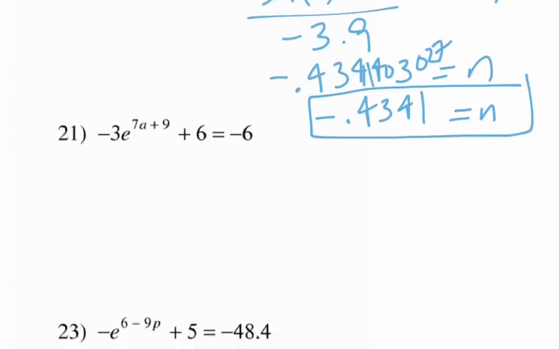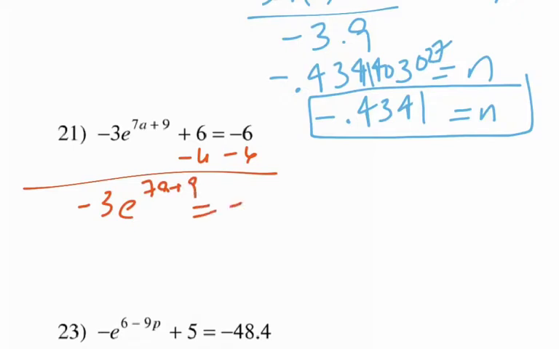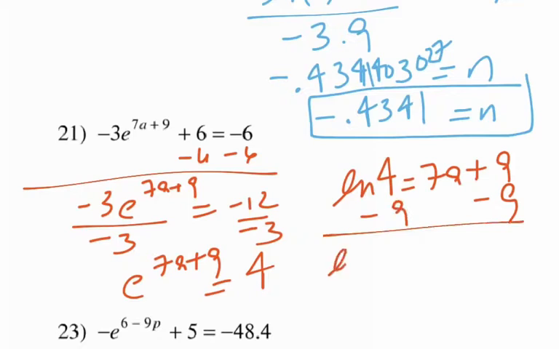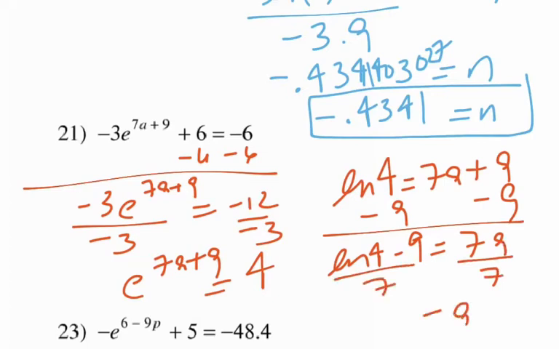So for 21, minus 6 from both sides, negative 3e to the 7a plus 9 is equal to negative 12. Divide by negative 3, e to the 7a plus 9 is equal to positive 4. ln of 4 is equal to 7a plus 9, minus 9 from both sides, and then divide by 7.